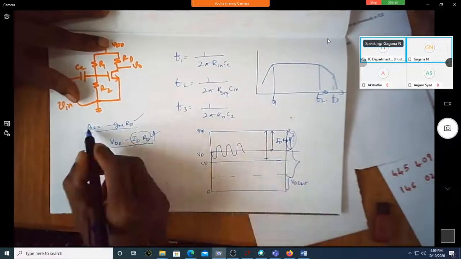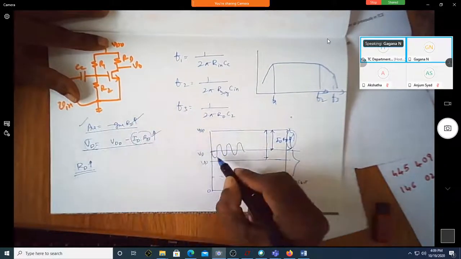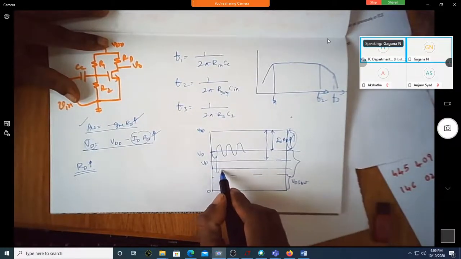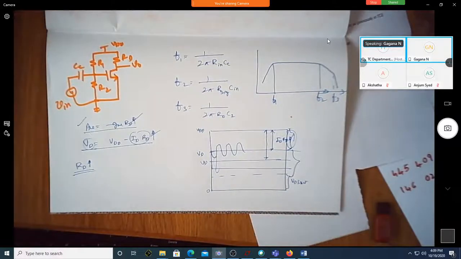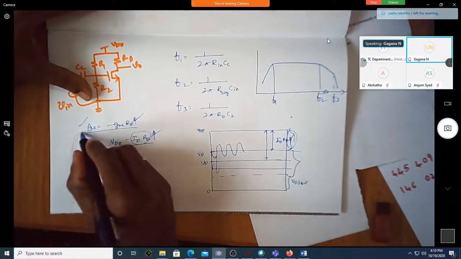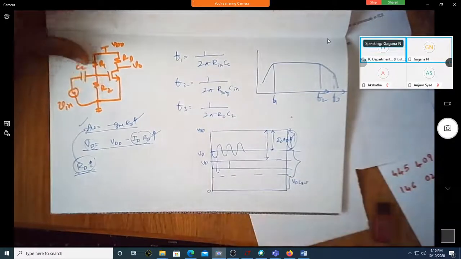Of course, what is the advantage of increasing RD? The gain will increase. Even though gain is increasing, since this is coming down, you don't have enough swing. Am I correct? Yes, sir. So the increase in RD may increase the gain of the amplifier, but the available swing keeps on reducing.